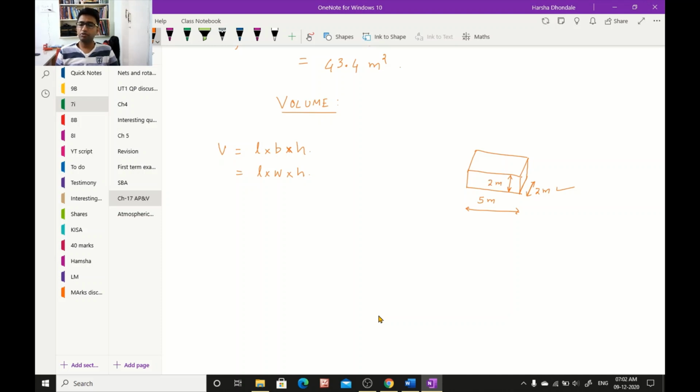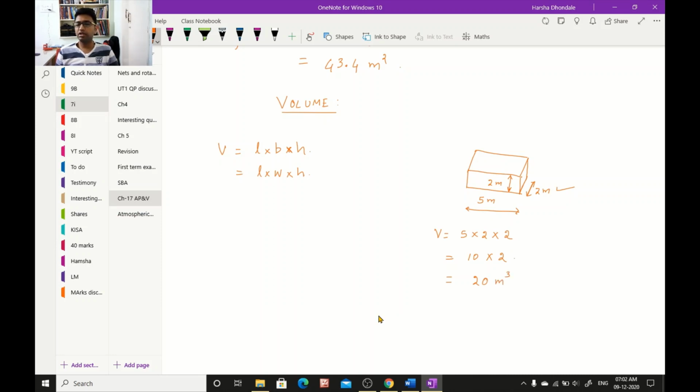Now what is the volume of this? Volume is equal to length into breadth into height, which is 5 into 2 into 2. So you get 5 twos are 10 into 2. This is equal to 20 meter cube.